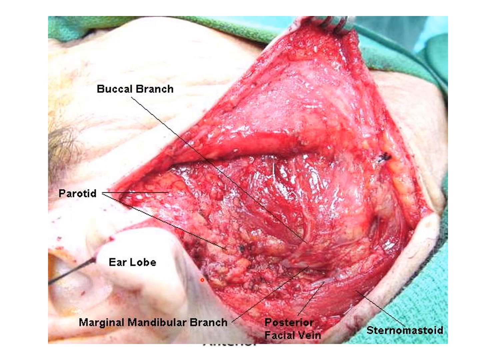They are basically embedded within the substance of the parotid gland. So therefore, surgical procedures such as parotidectomies entail the risk of damage to the facial nerve. Similarly, malignant tumors involving the parotid gland can lead to involvement of the facial nerve.